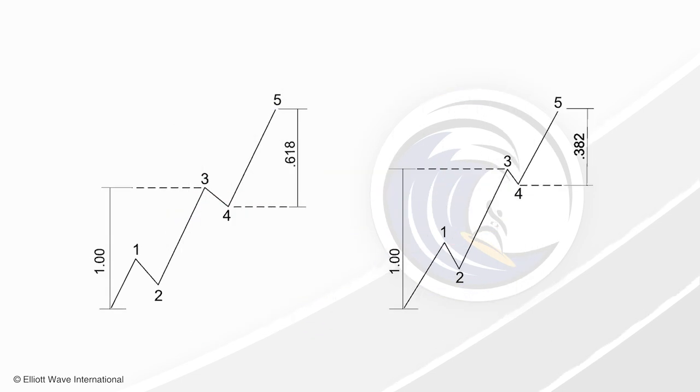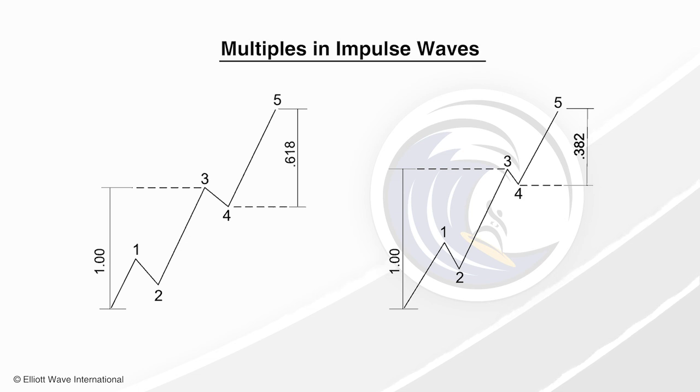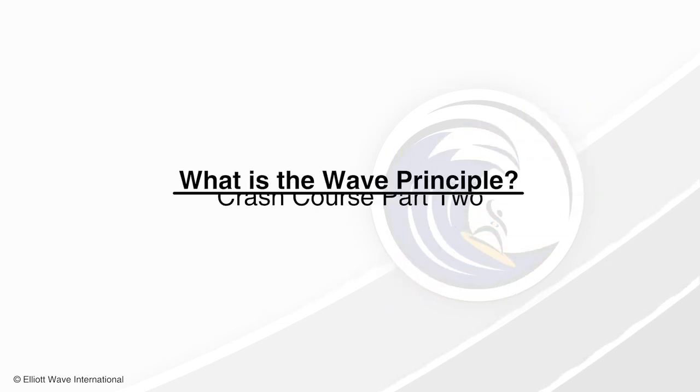Other types of Fibonacci relationships are multiples, and by multiples we mean the following. Wave 5 is sometimes related to the net distance traveled of waves 1 through 3 by the Fibonacci ratio of 0.618. Or wave 5 can be related to the net distance traveled of waves 1 through 3 by the Fibonacci ratio of 0.382.